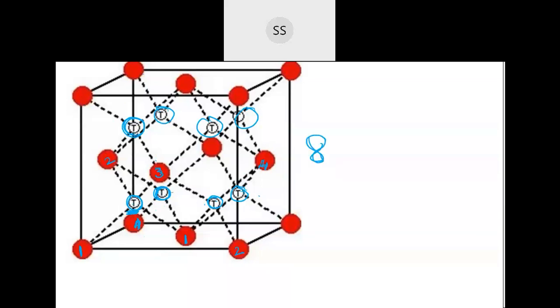This is the face-centered cubic unit cell which I have taken. If you see the atoms touching each other, when 4 atoms touch each other, you will get a tetrahedral void. So you can just remember this picture. If you want, I have made it a little more simple. These tetrahedral voids are like the small unit cell which is getting repeated.